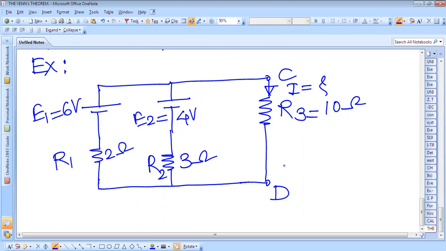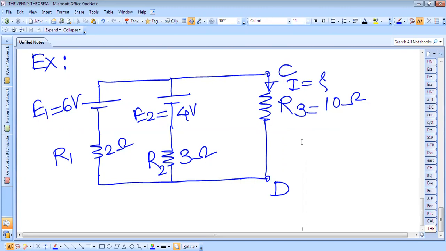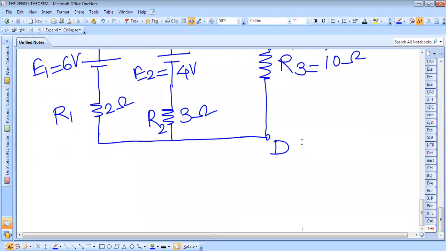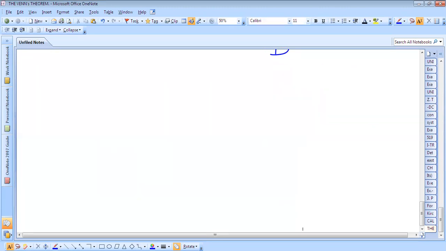Okay, so according to the definition of Thevenin's theorem, what we have to do is replace this load resistance. When you remove it, your circuit will become like this.